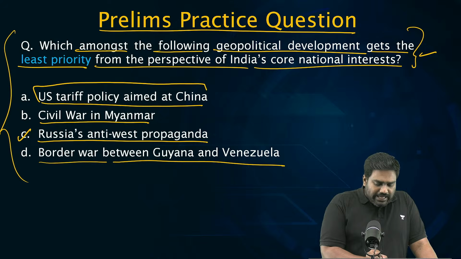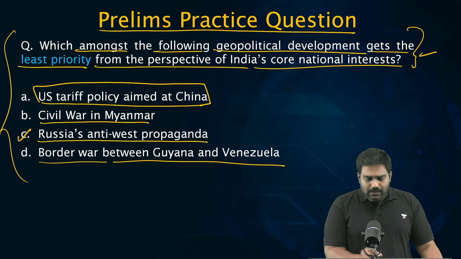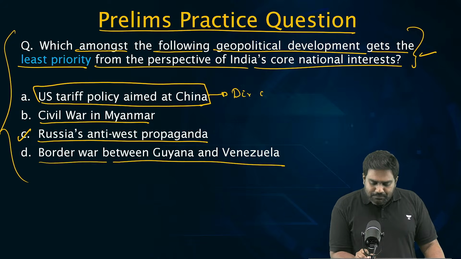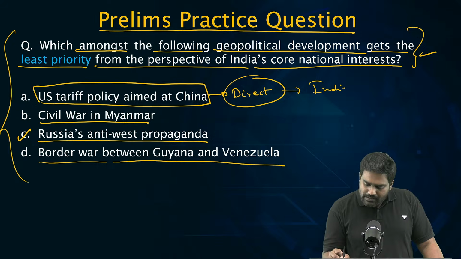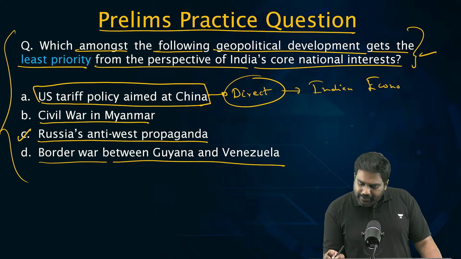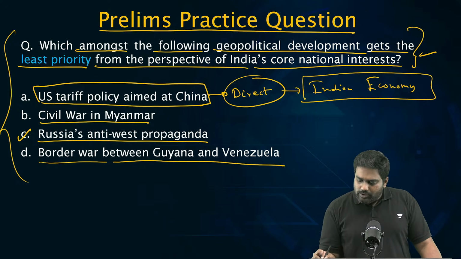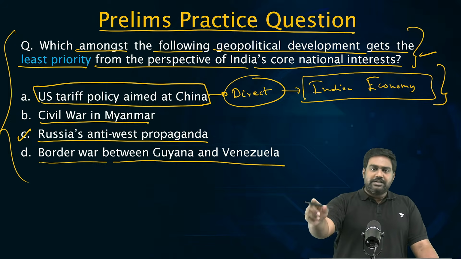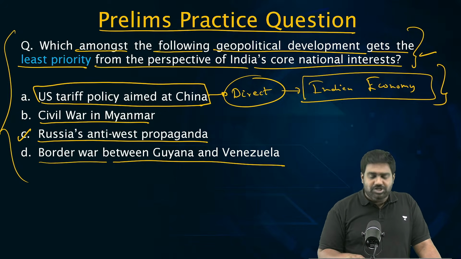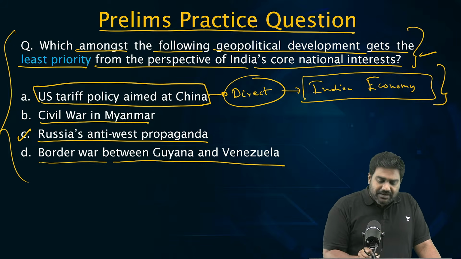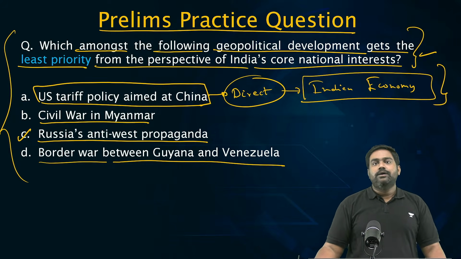See, America's tariff wars aimed at China, this will have a direct impact on the Indian economy. I think this goes without explaining, because America's tariff wars aimed at China could have some implications, positive or negative, for the Indian economy. So this is something India will directly watch out for.